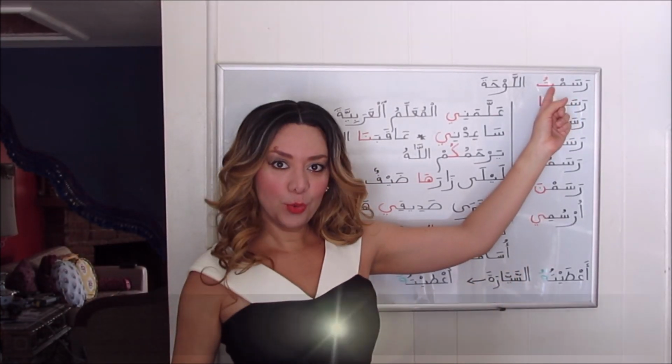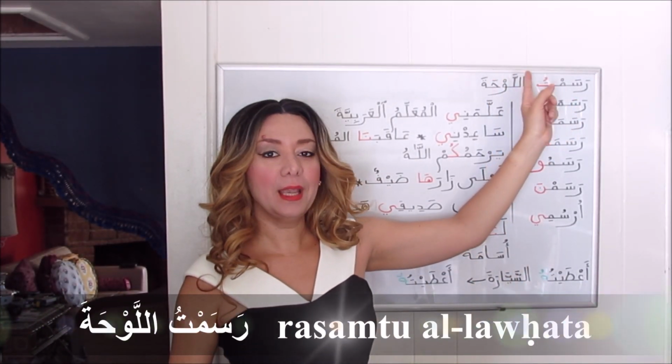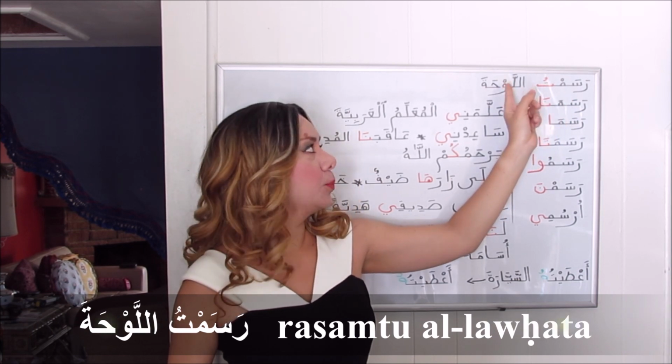Attached pronouns or enclitic pronouns appear at the end of lexical items as suffixes under different grammatical cases. As a subject in the nominative case, رسمت اللوحة, I painted the portrait.